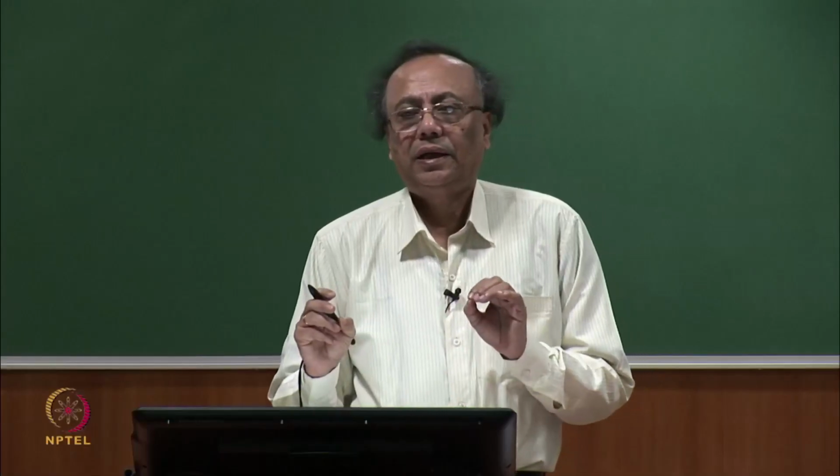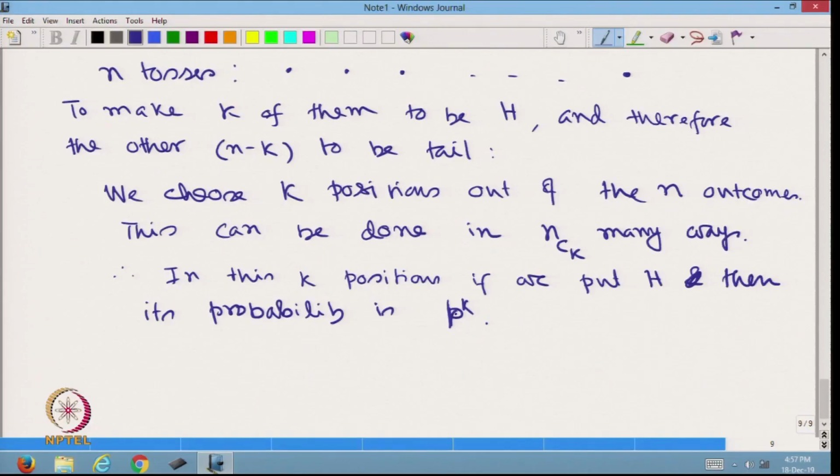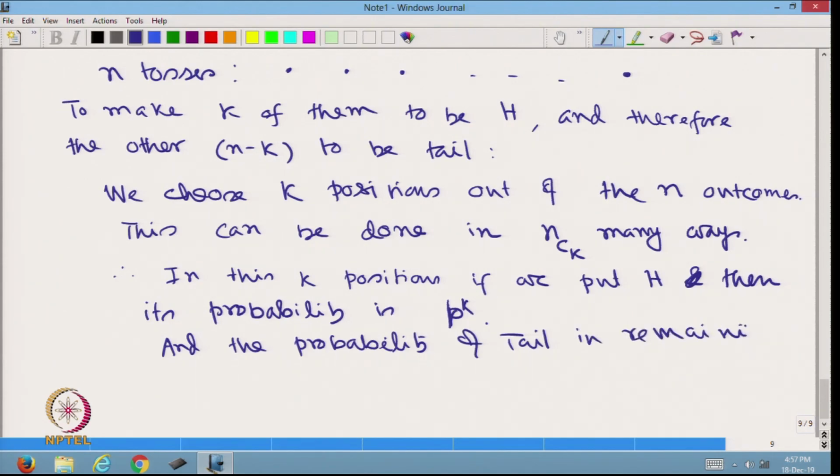Therefore, to get k heads, we have to have the probability p into p into p k times, and therefore, it is p to the power k, and the probability of tail in remaining n minus k positions is q to the power n minus k.